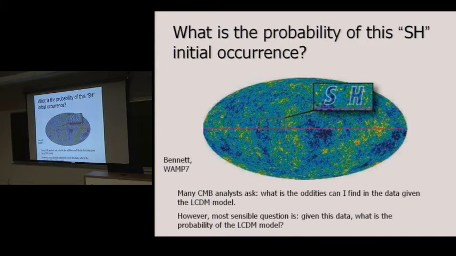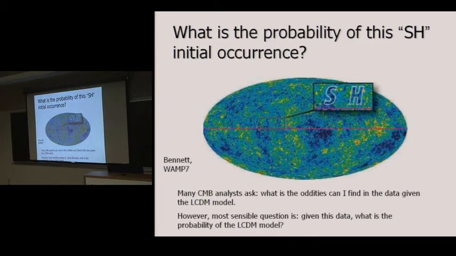So this is the map, and you can see that in this direction there could be a large signal on this map. And actually, this is the question that most CMB analysts ask: what is the oddity I can find in the data given the Lambda CDM model? What is the oddity I can find within the map?